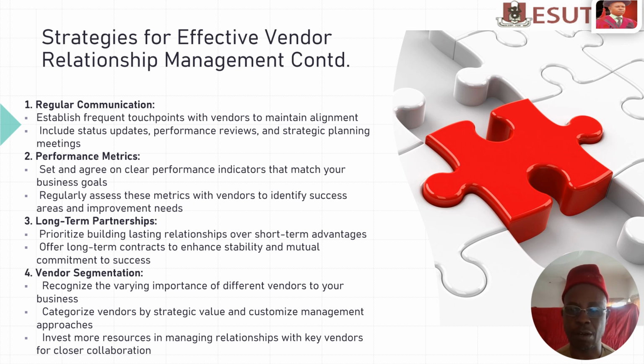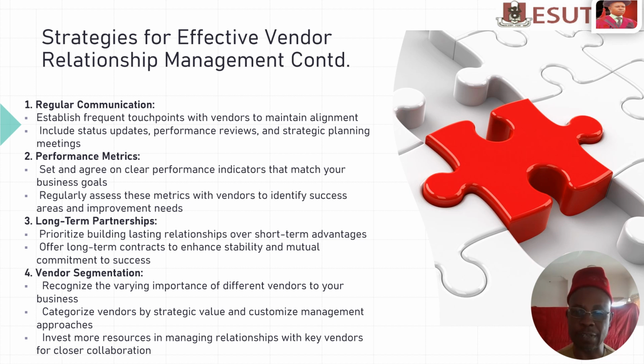3. Long-term partnership. Focus on building long-term relationships rather than short-term gains. Long-term contracts can provide stability for both parties and foster a deeper commitment to mutual success. 4. Vendor segmentation.